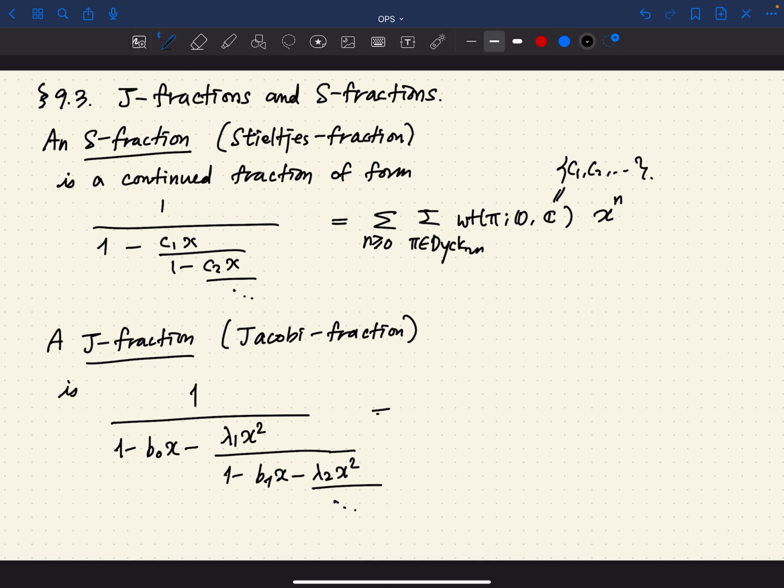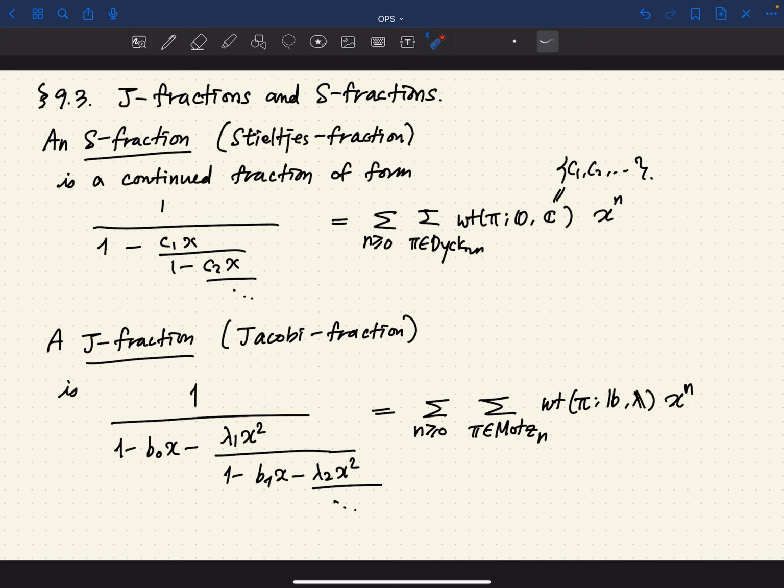And we know that this is the generating function for all Motzkin paths, with b and lambda, x to the n.